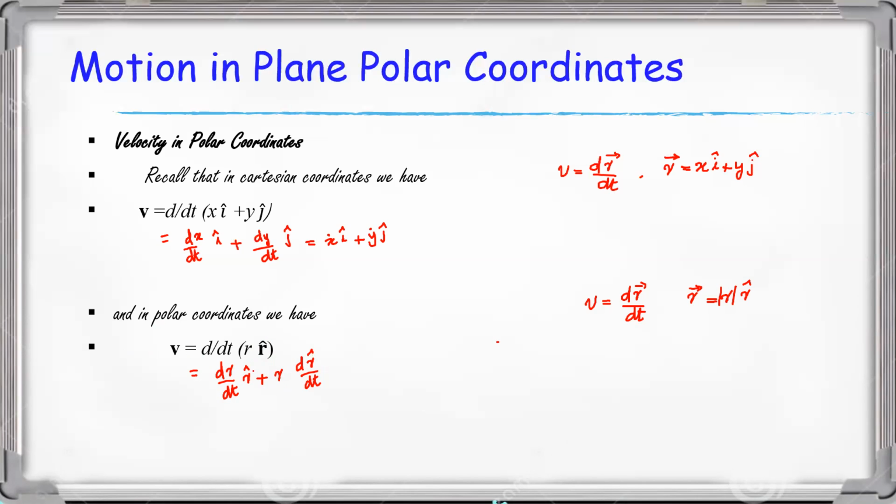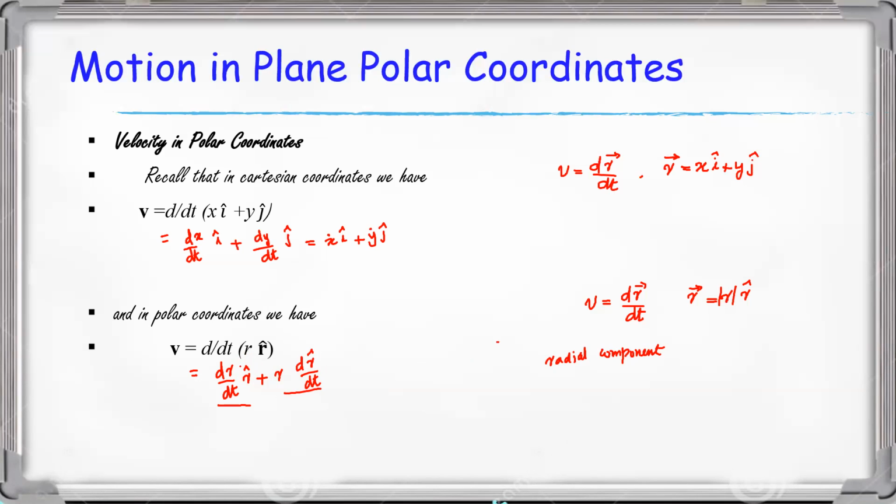Look at the first term. Here it is the unit vector in the direction of r. So there is a radial component. So the velocity has a radial component. And there is another component.